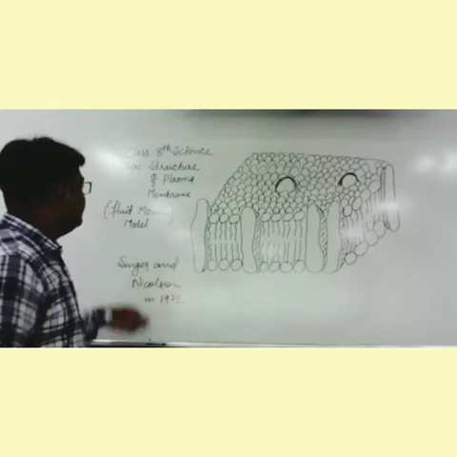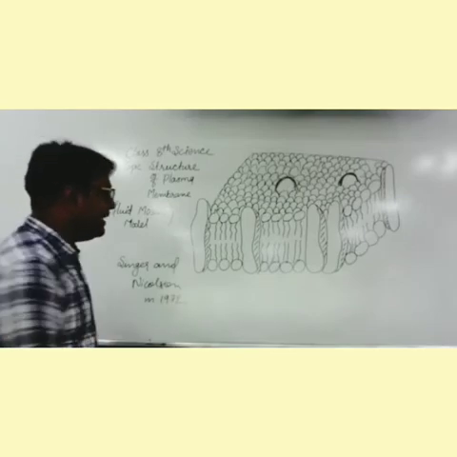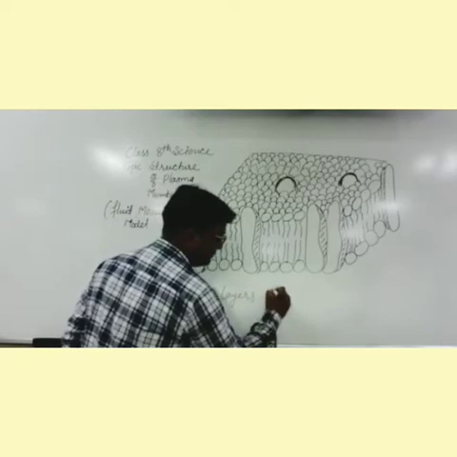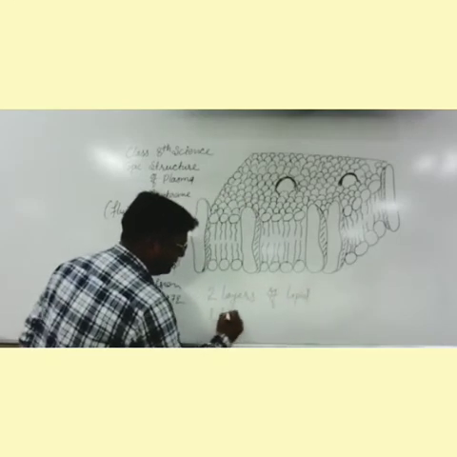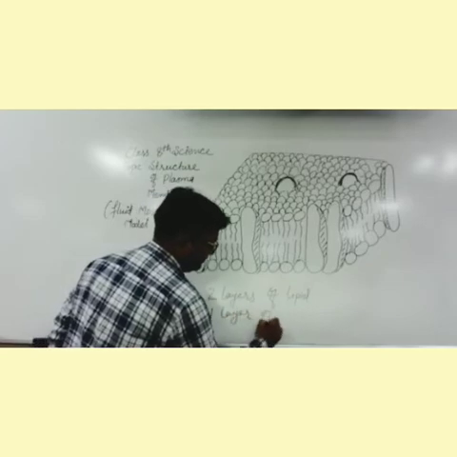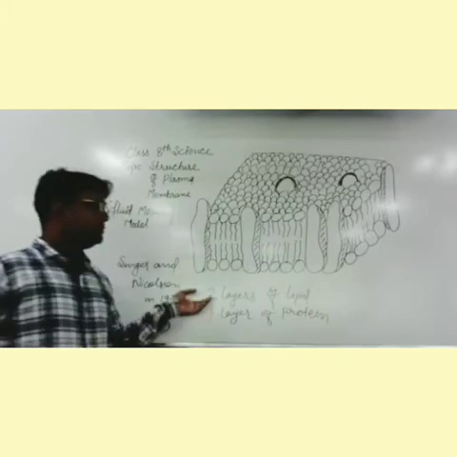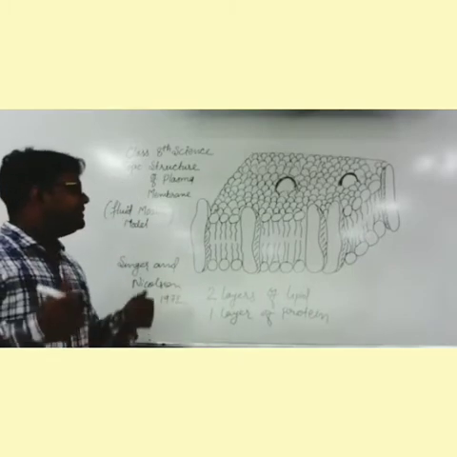They said that the plasma membrane is basically made up of two layers of lipid and one layer of protein. So, two layers of lipid and one layer of protein.